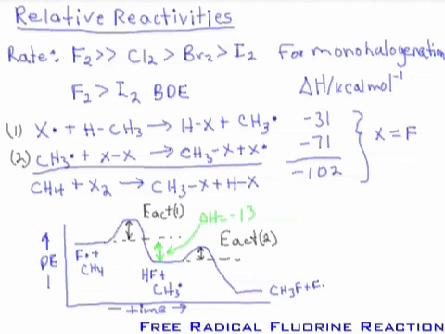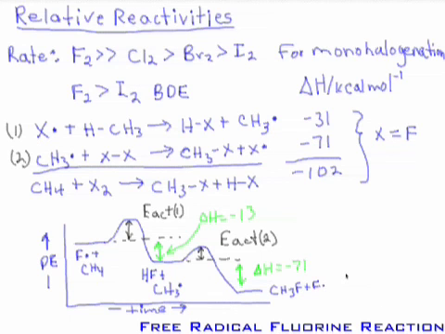And here, delta H equals minus 71. So, we can draw a potential energy diagram.